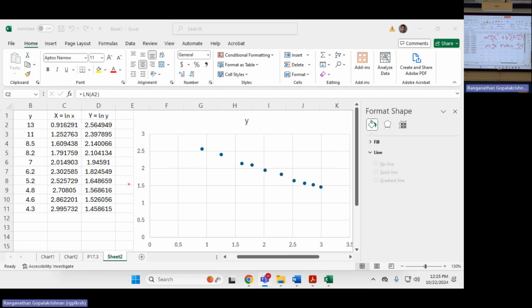Now your uppercase X is column C, uppercase Y is column D. The rest of the process is just the same. Do that. Get me m and b values and then we'll talk.